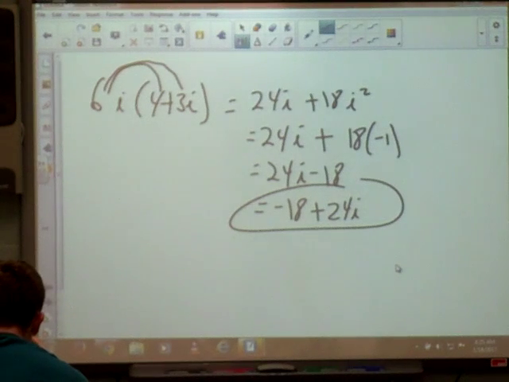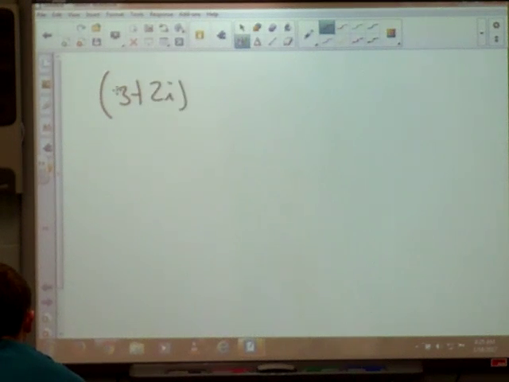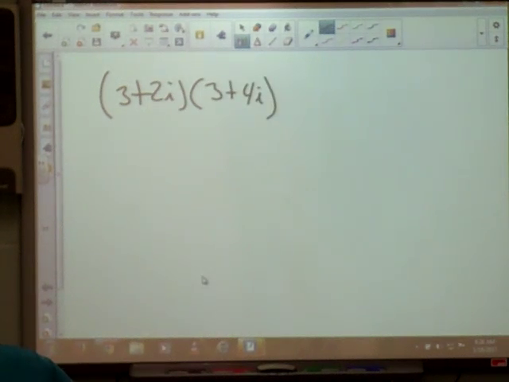Alright, now let's do a binomial times a binomial. I got 3 plus 2i times 3 plus 4i. So I've got a binomial times a binomial, and you're foiling. So my first, 3 times 3, gets me 9. On my outer, 3 times 4i, that's 12i.